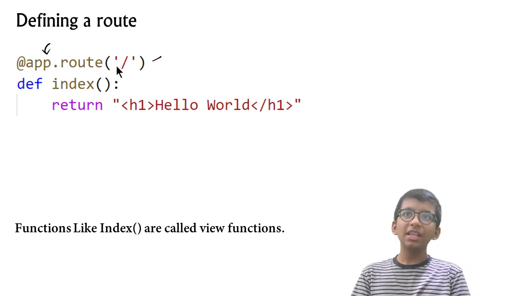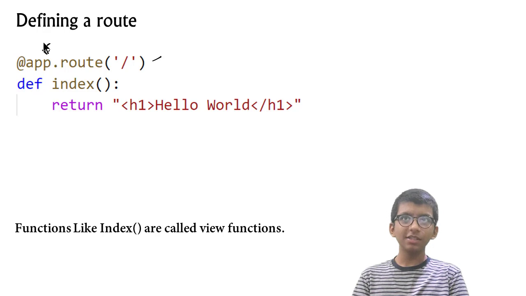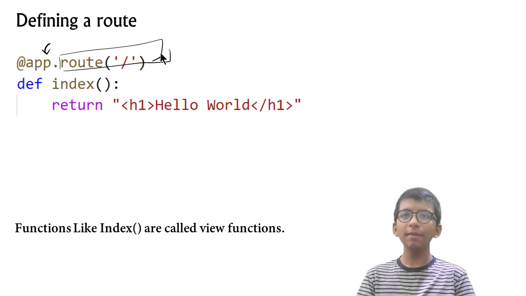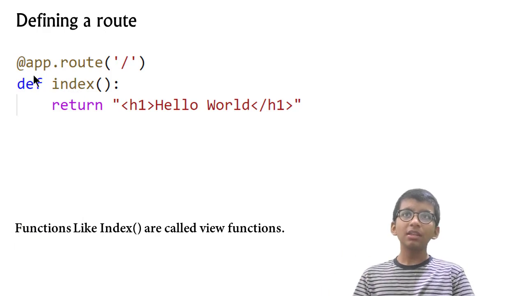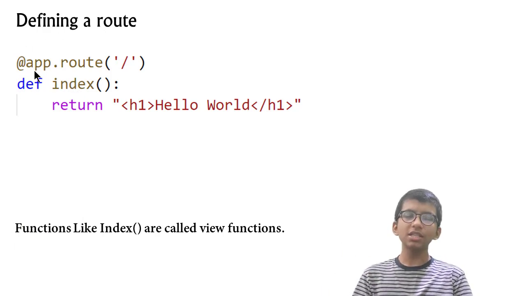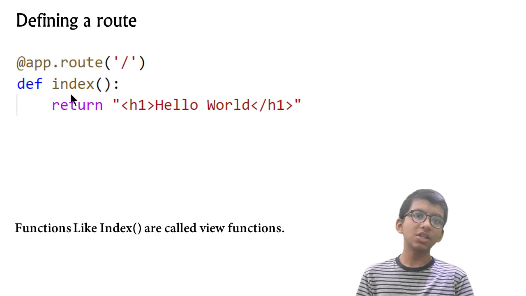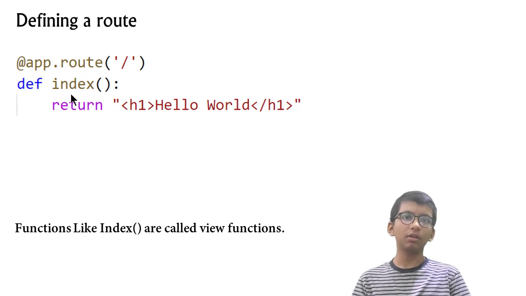What it means is, this is my application instance, and this is my function, and the association between them is the route. So what it does is handle the association between the app, which is the application instance, and the functions. And this function only returns hello world.